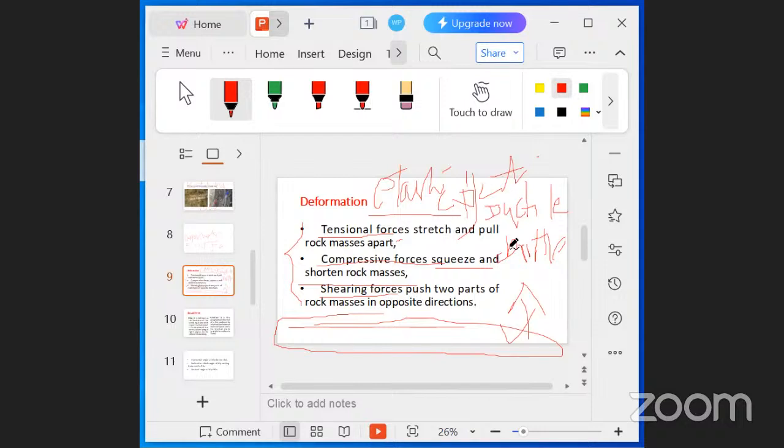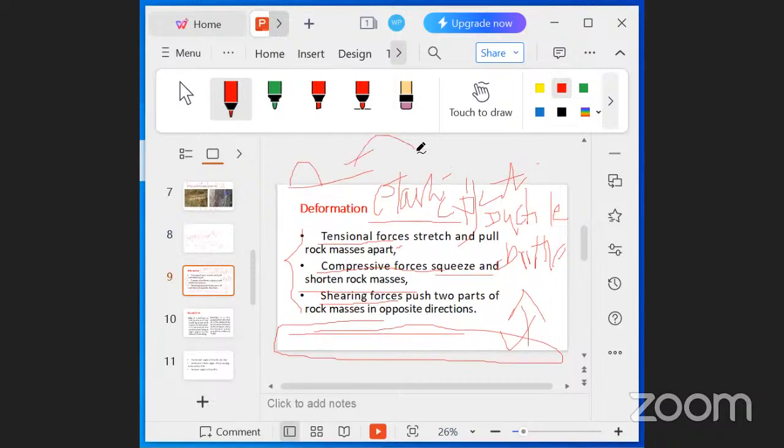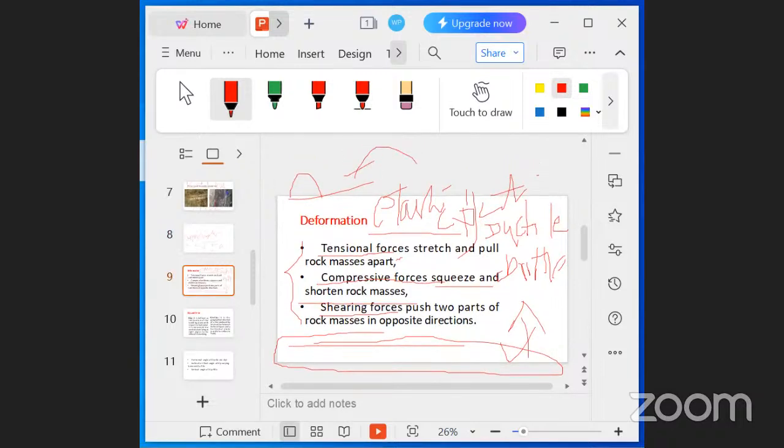Brittle deformation relates to the fracturing of the rock. And ductile deformation indicates bending or stretching, folding, thinning of rocks, and realigning of grains.